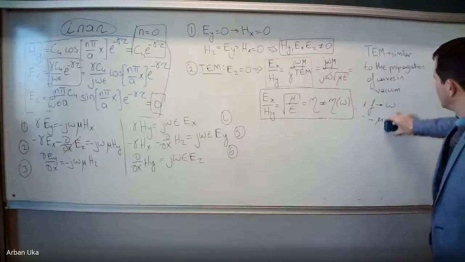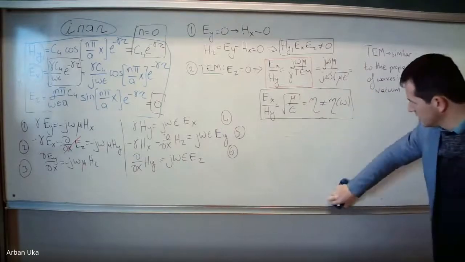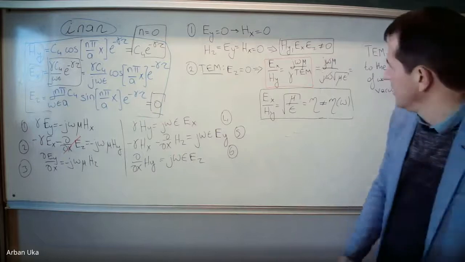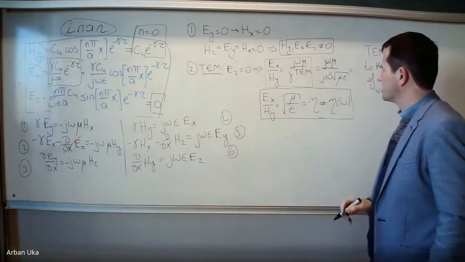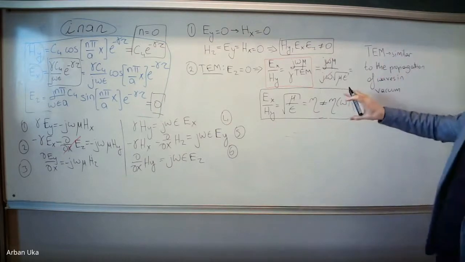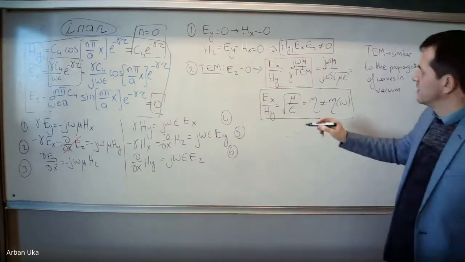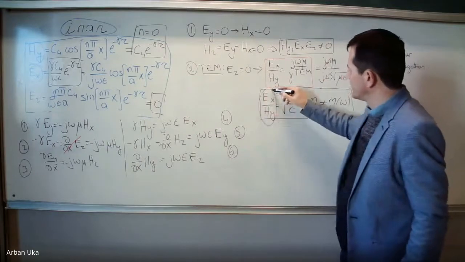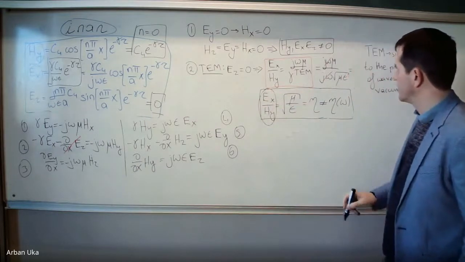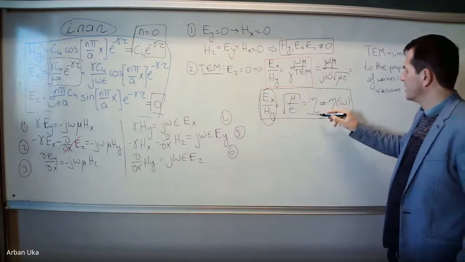But what I want to make clear is that this derivation that we saw here was essential to understand that the ratio between these two respective fields, E and H, their amplitudes, are related by this.